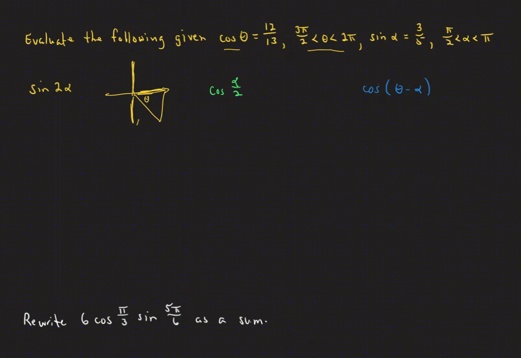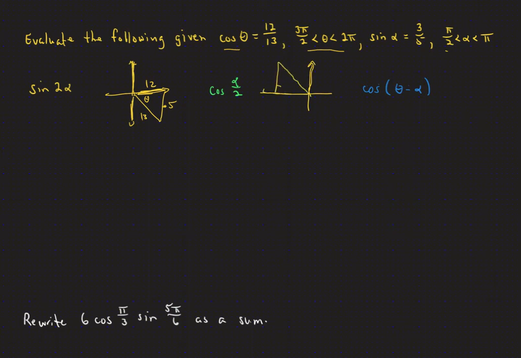So there's our theta, and the cosine is the adjacent, and the hypotenuse is 13, and from our Pythagorean triple, or you can use the Pythagorean theorem, the opposite is going to be 5, and because we're in quadrant 4, that's going to be negative. Now the alpha, so that's our theta. Our alpha we see is between pi over 2 and pi, so there's pi over 2 and there's pi.